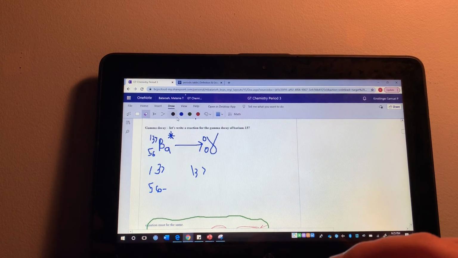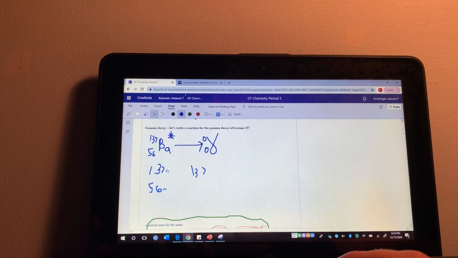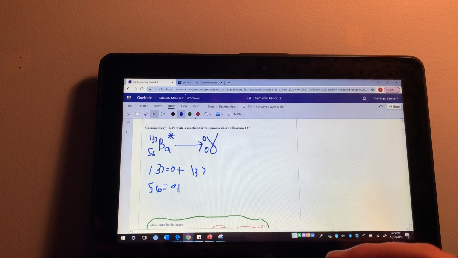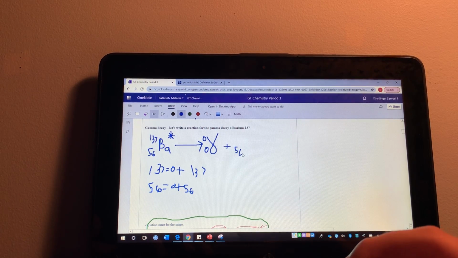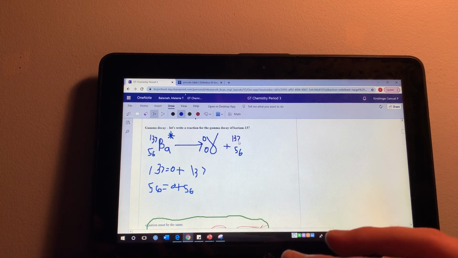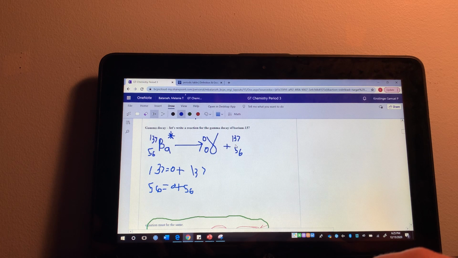So again, we know it's going to have 56 protons, 137 mass, and we put BA because we know it's going to be the same element, the only difference being no star.